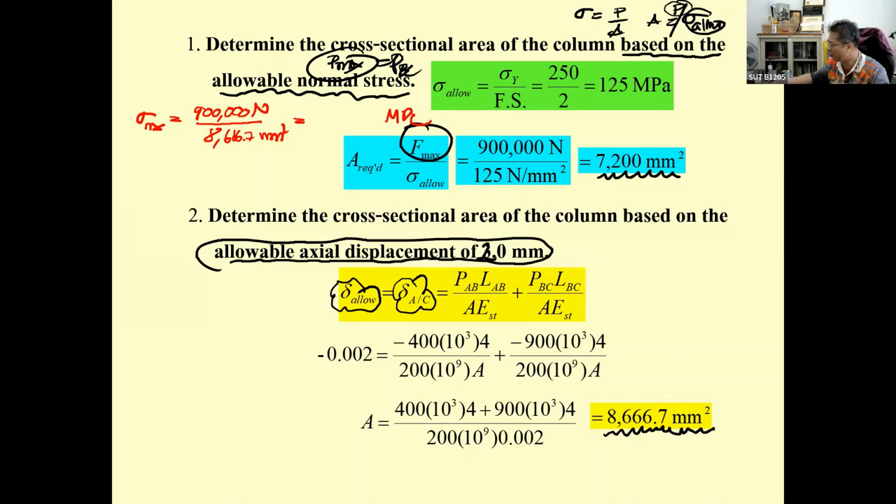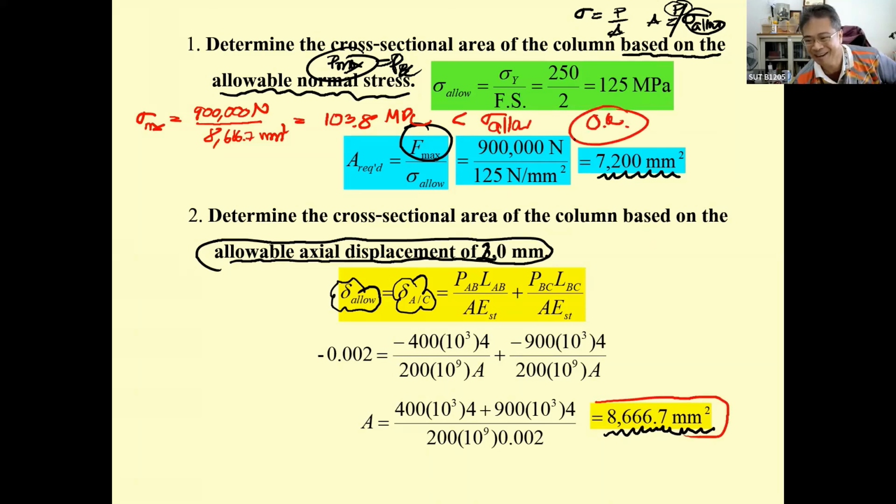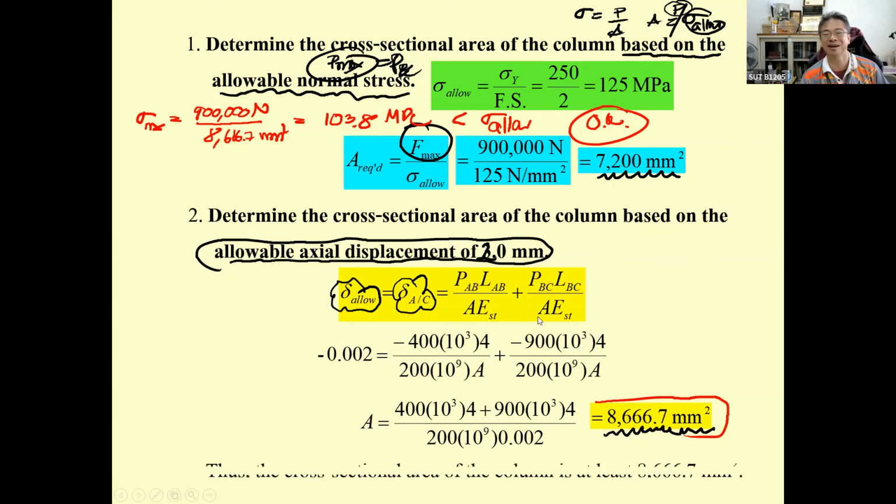So this is 103.8 megapascal, less than sigma allow. So this section is okay. If you use this 7,200, it's going to produce a larger displacement, because the A is going to be smaller. That is what we use.